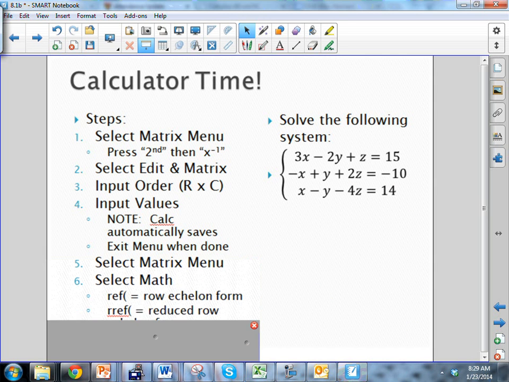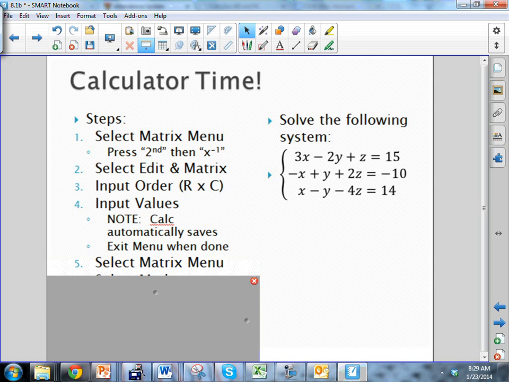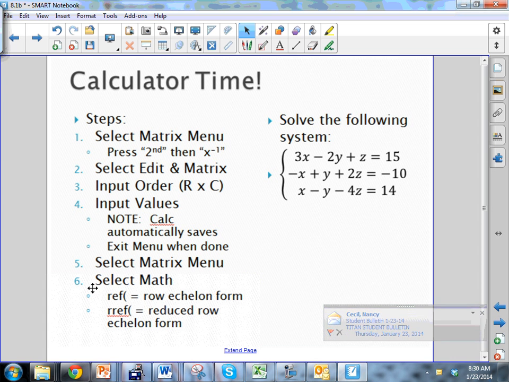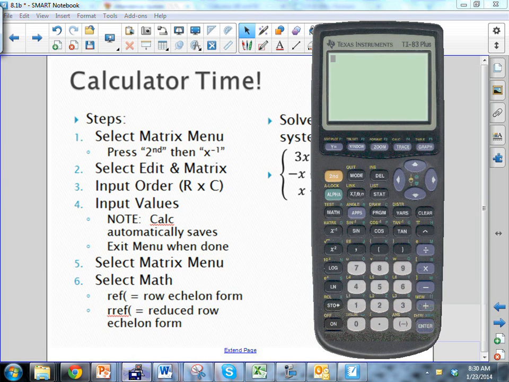Now, I'm going to show you how to get these into row echelon and reduced row echelon form. So, here's our calculator. If we go back to our matrix menu, everything we do with our matrix is going to be in our matrix menu. Makes sense, right? When we want to calculate something, we're going to arrow over to math, and we can go down.